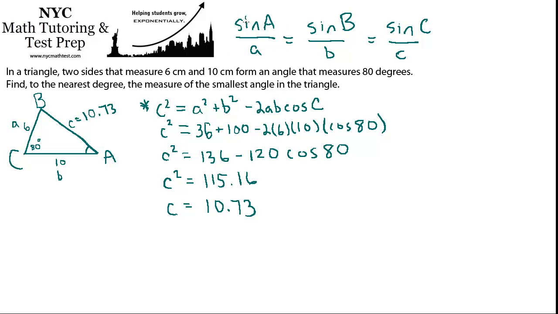You can say just A and B, or just A and C, or B and C, whatever's convenient. So in our case, we're going to use C and A. So we don't have to worry about using B in this case.